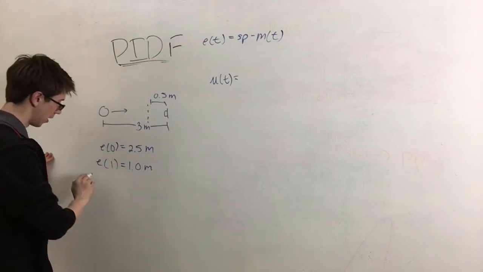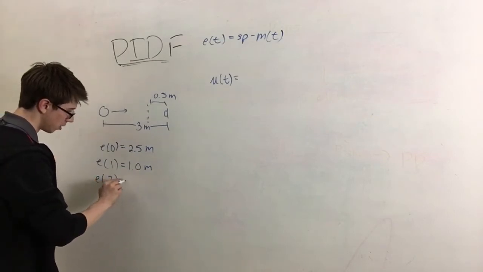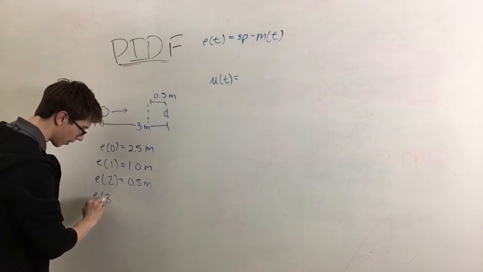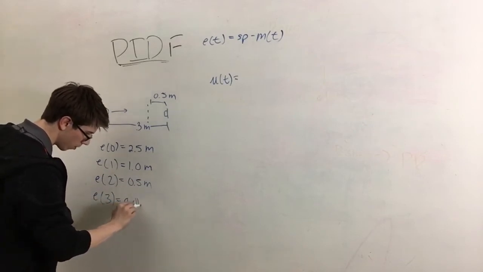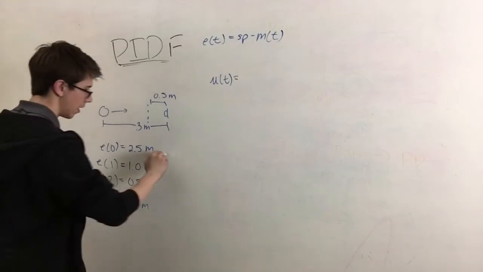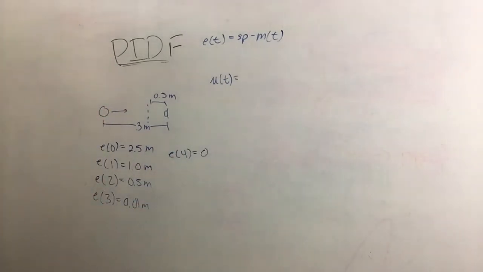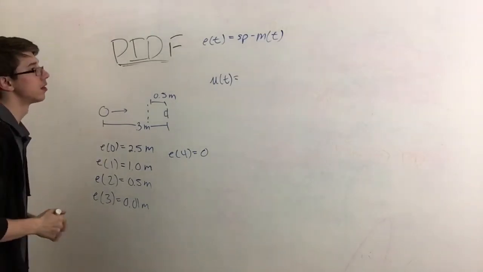That's our error, right? And let's say E of 2, we're at half, and then E of 3, we're this far, and then let's say at E of 4, that's when it reaches 0. Alright, so we have 1 second intervals between there and there.